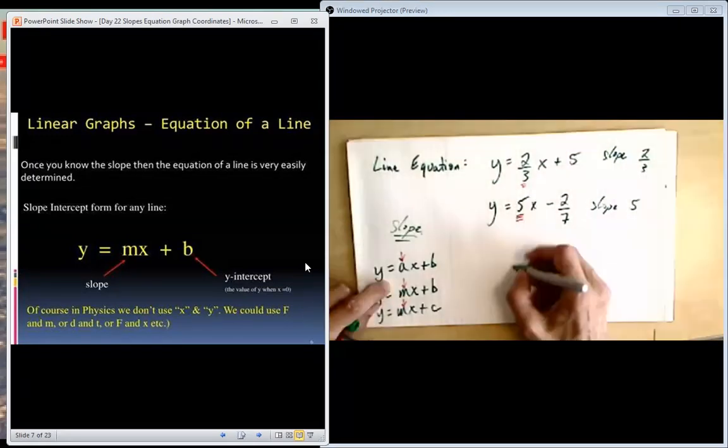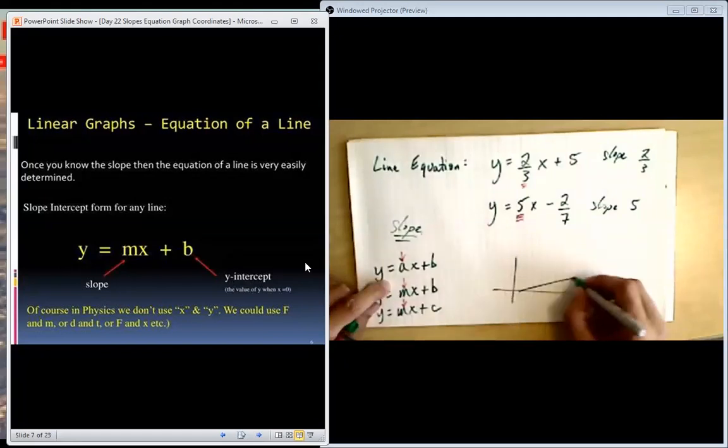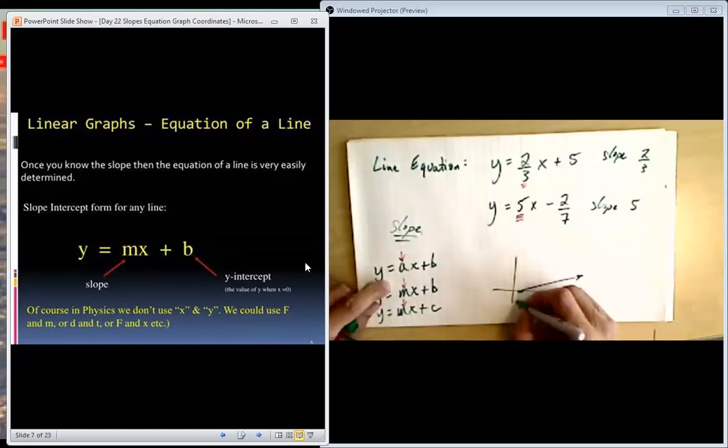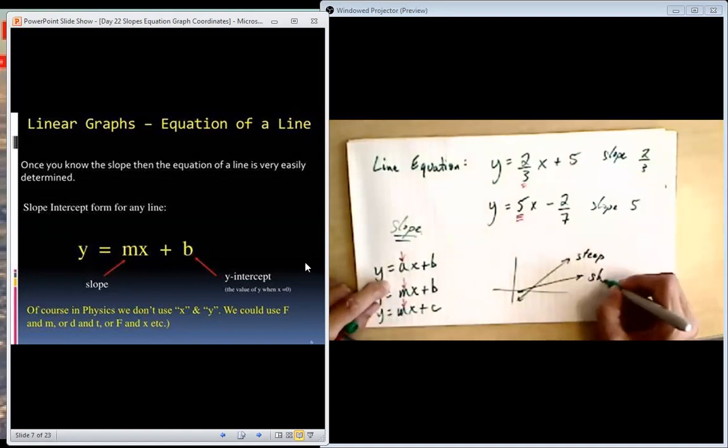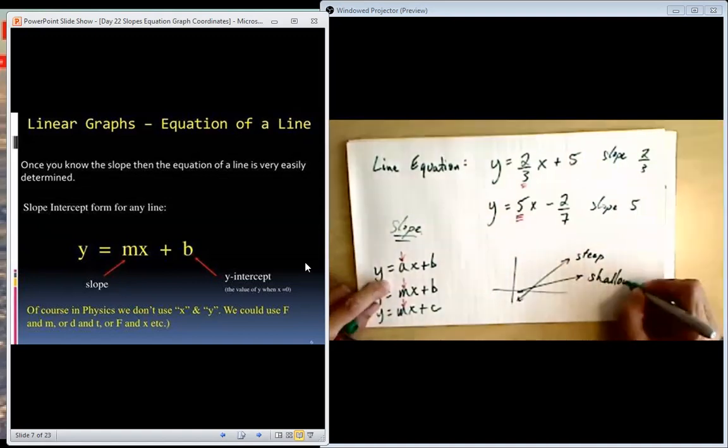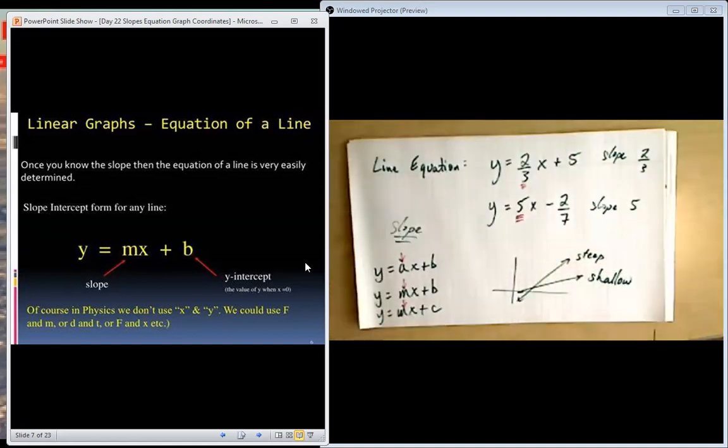Steeper, yeah. So we got two lines. One goes like this, it's shallow. And then one goes like that, it's steeper. Steep, shallow. Right? If you're going for a hike, a nice shallow hill is very comfortable.